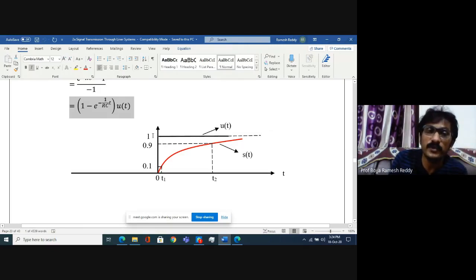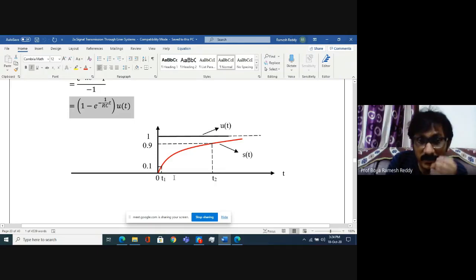If the input like this is applied to the RC low pass filter circuit, then capacitor starts charging, initially zero. It goes on increasing in amplitude, charging. Finally, you'll get 100% charging. Now here the question is how that is charging. 10%, 20, 30, 40, 50, like that up to 90.